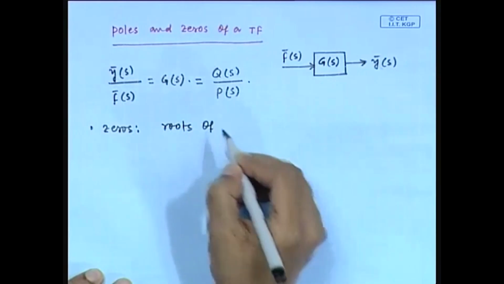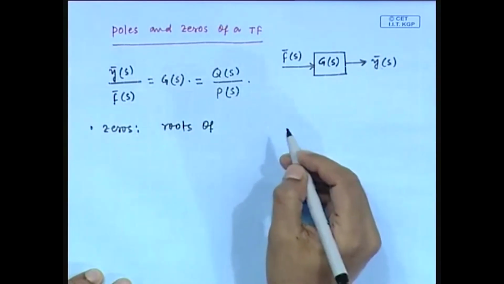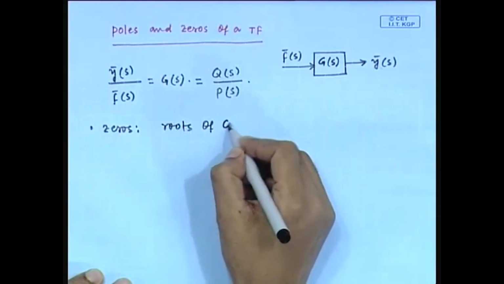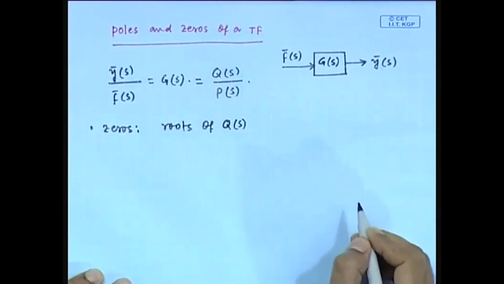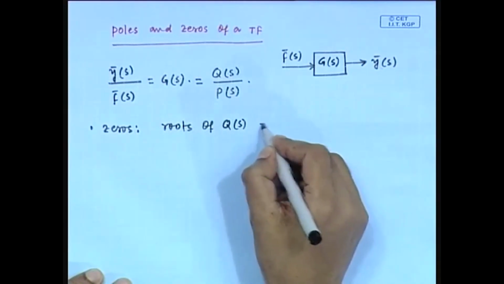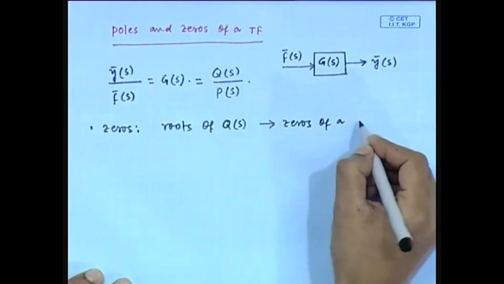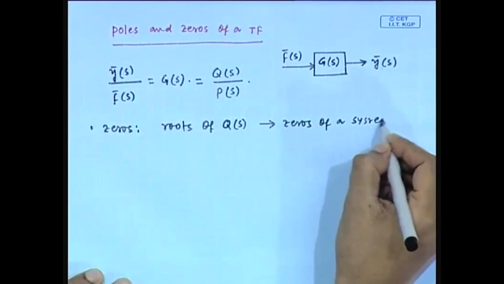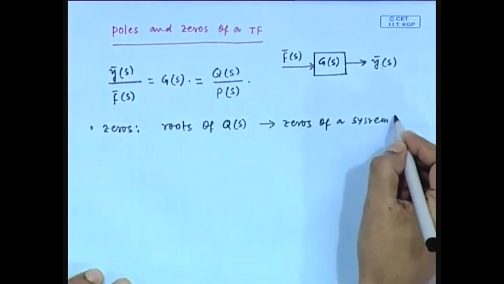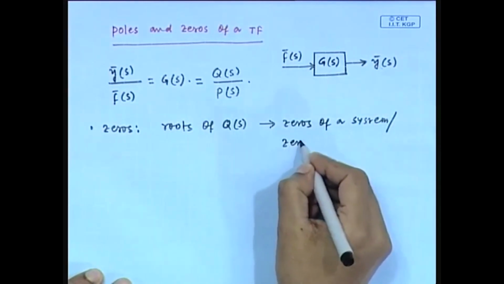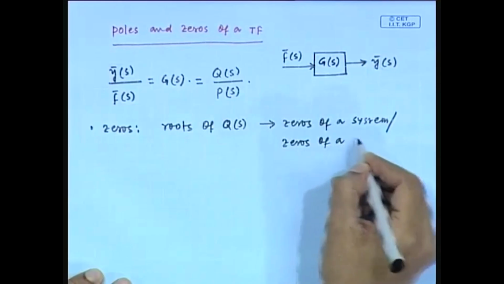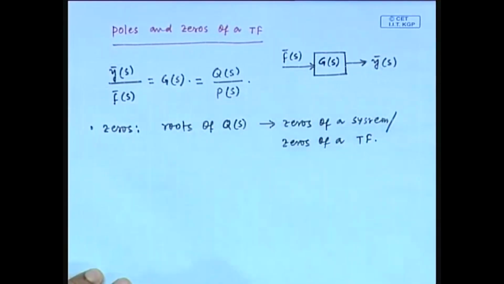Roots of the polynomial Q(s) are called zeros of a system or zeros of a transfer function. Got it? It is very simple.